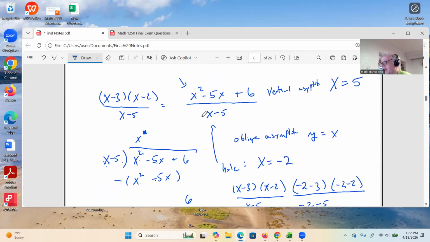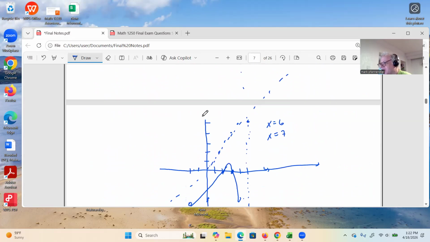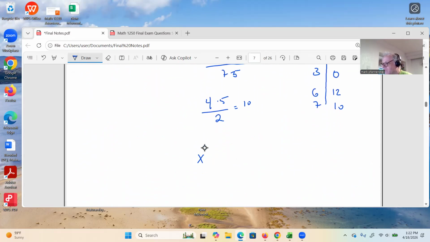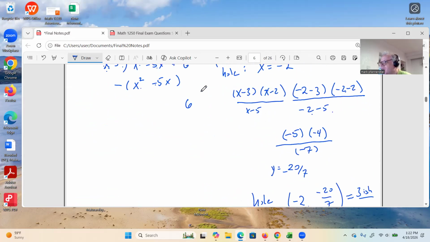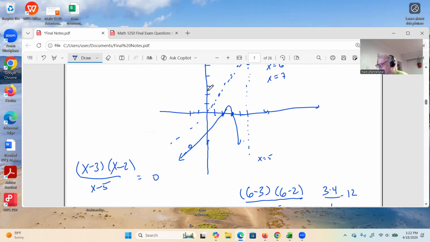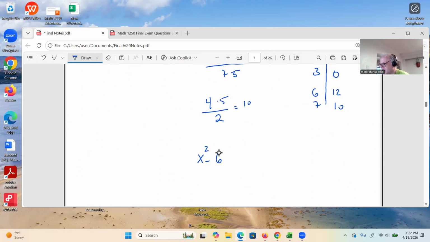So let's see. We have x squared minus 6x plus 5 plus 5. So we'll go back up here, just double checking it a different way. X squared minus, is it minus 5x plus 6? Minus 5x plus 6.